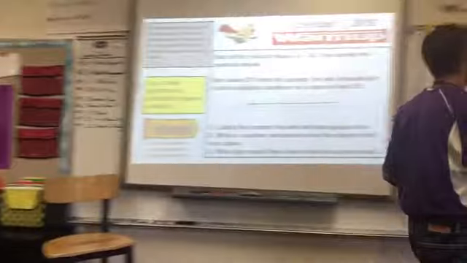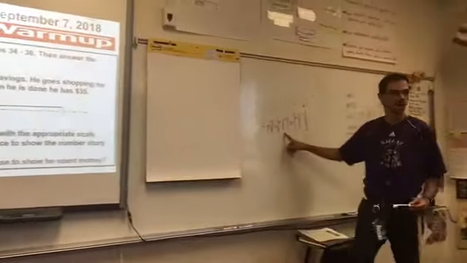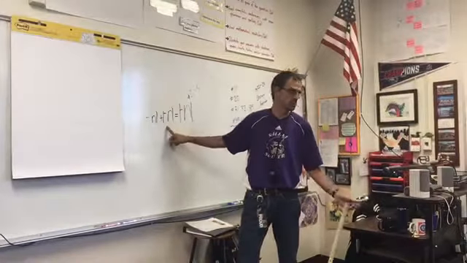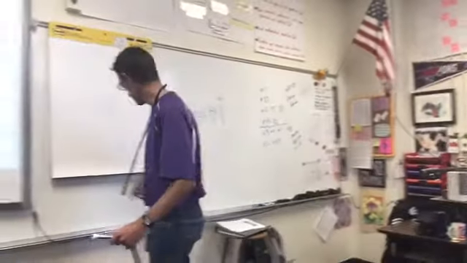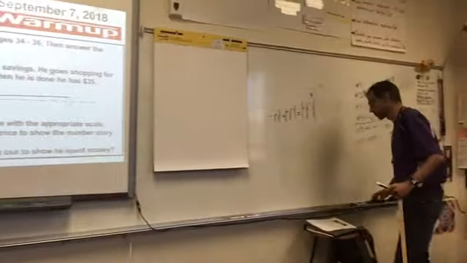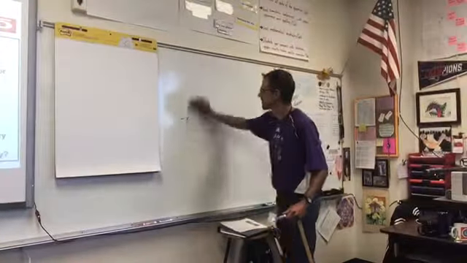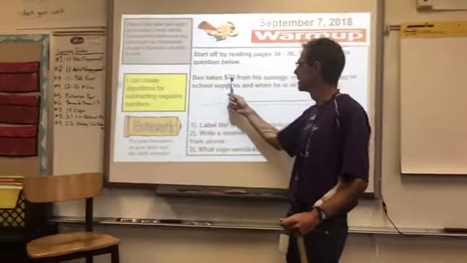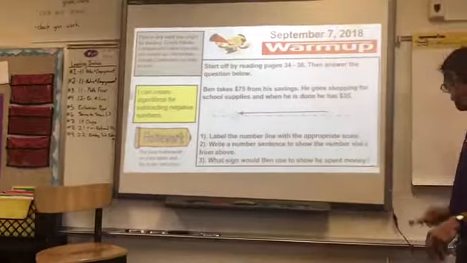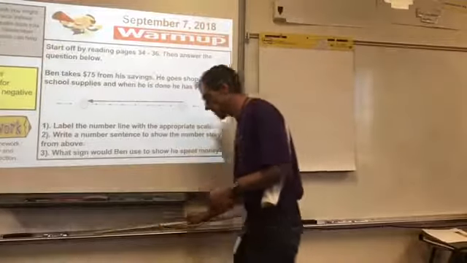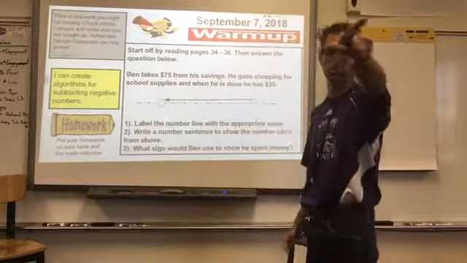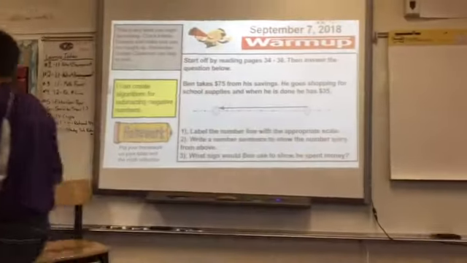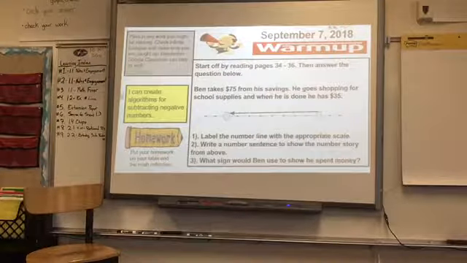So instead of adding a negative, now we're looking at subtracting a negative and making an algorithm off from that. Talk to your partner about the problem. And Cam, you can work with Justin and them. Figure it out.